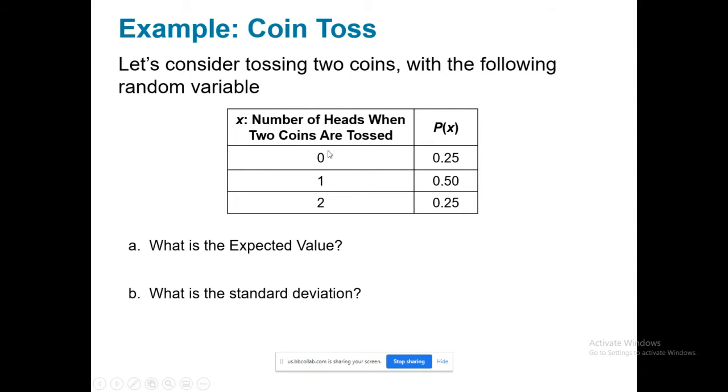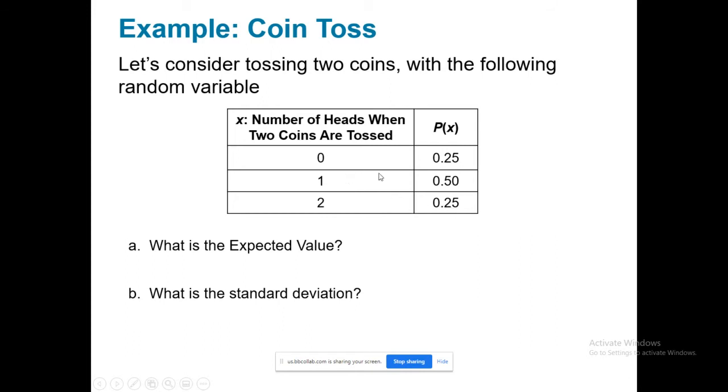We can either have 0 heads, 1 head, or 2 heads. In the next column, we have the probability, P of x. When 0 heads are tossed, the probability is 0.25 or 25%. When 1 head is tossed, the probability is 50%. And when 2 heads are tossed, the probability is 25%.